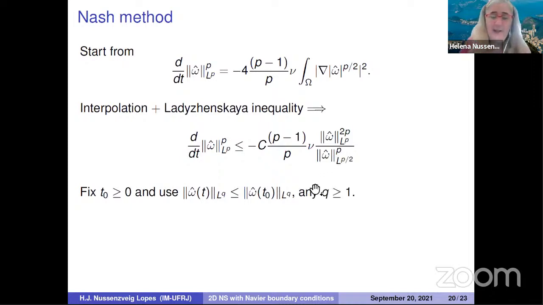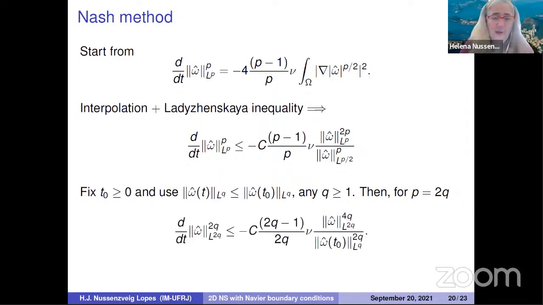Okay. And therefore, if you write p equals 2q, you have the following estimate. d/dt of the L^{2q} norm of omega hat to the power 2q is bounded by nu times the L^{2q} norm of omega hat to the power 4q, that's the 2p, over the L^q norm to the 2q of omega hat at some time t naught.